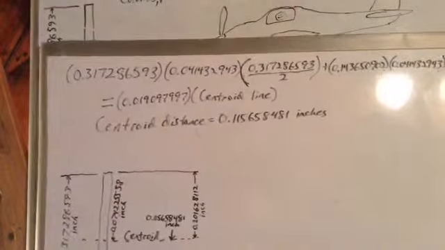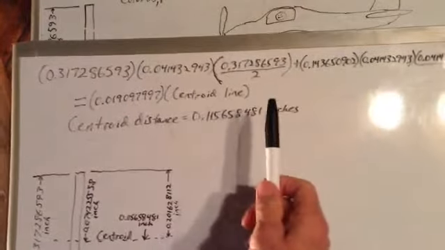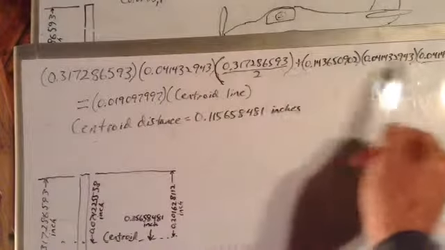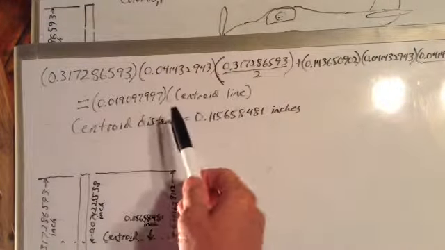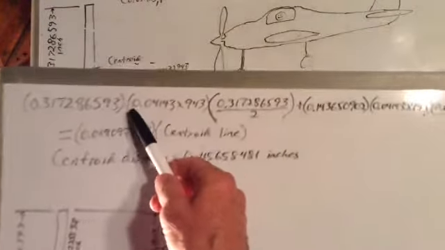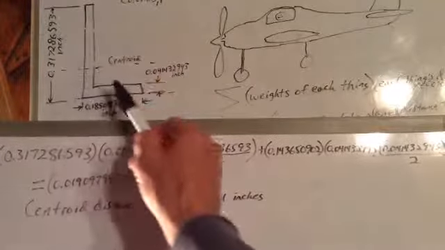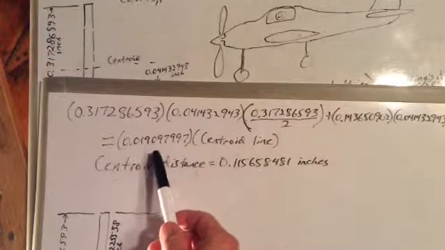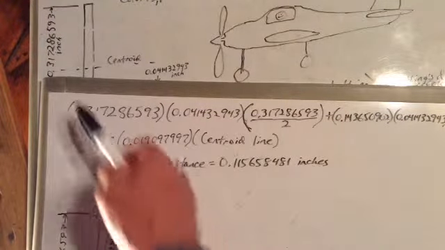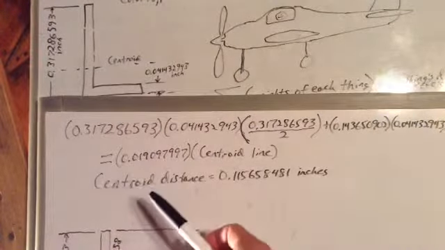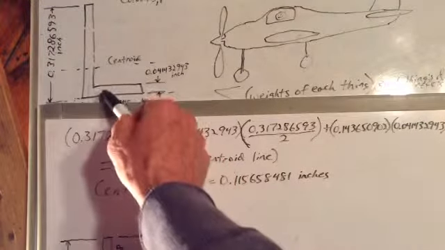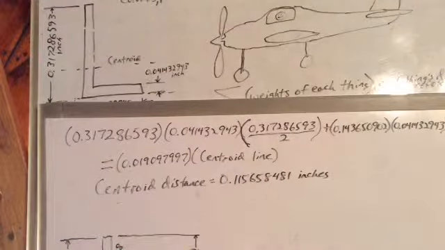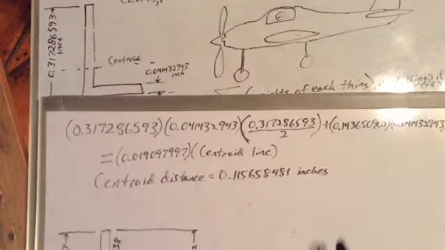So here we have the math. That plus that equals the area of the whole L, which we determined earlier was 0.019 square inches. That area times the distance from our reference point to the centroid line equals that plus that.